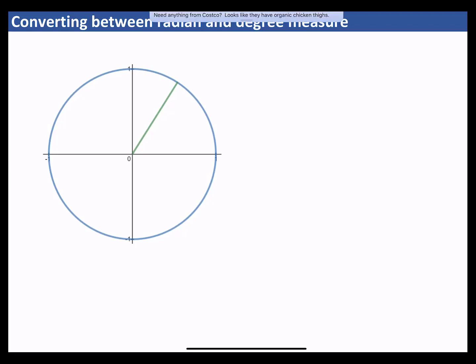First, we know that 1 full rotation around the unit circle gives us the circumference. So for 1 rotation, the circumference equals 2 pi. And since the circumference is 2 pi, the angle measure all the way around the unit circle in radians is also going to be 2 pi.